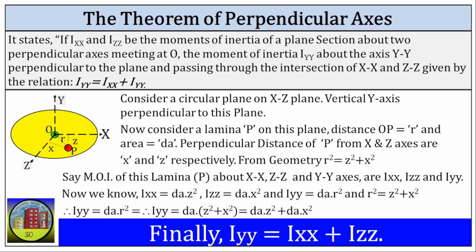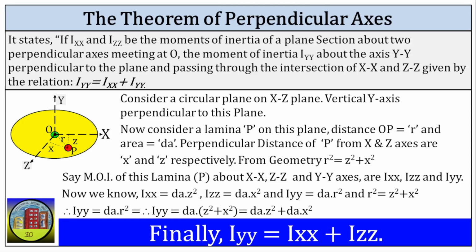Now we know, Ixx equals dA into z square. Izz equals dA into x square. And Iyy equals dA into r square. And r square equals z square plus x square.